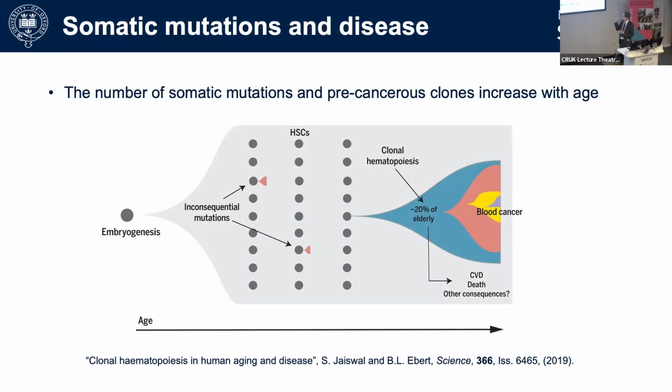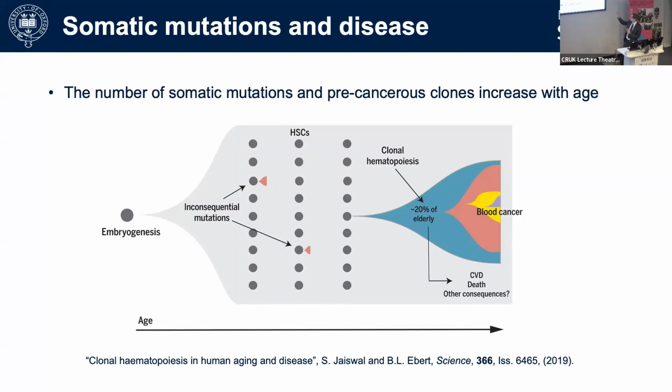If you look at blood in an old person, it's not unusual to find that a proportion of the cells consist of genetically different clones that have mutations, and they're coexisting with your original blood cells in a perfectly harmless way, as far as we can tell.